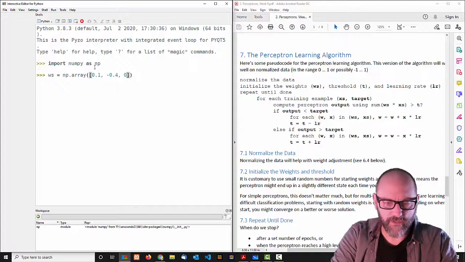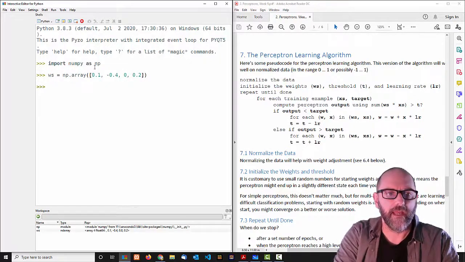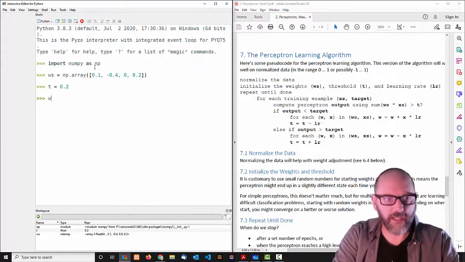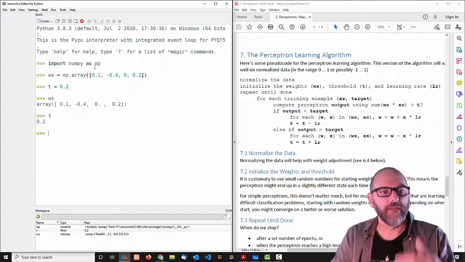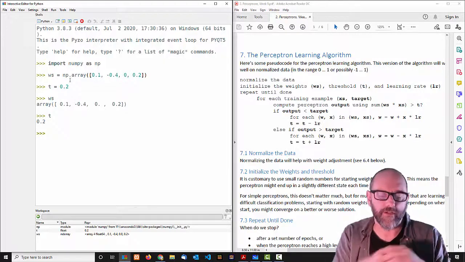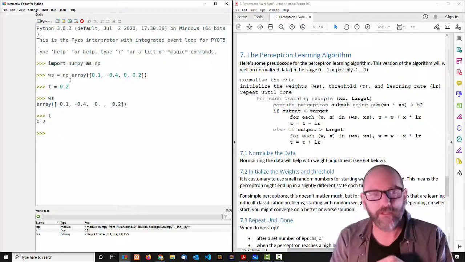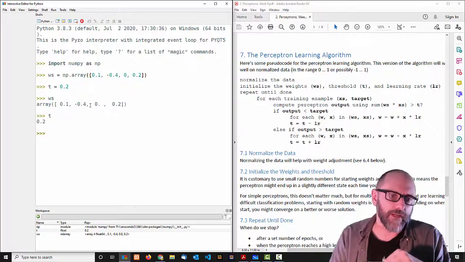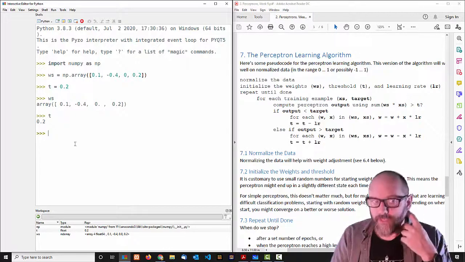You might start with just 4 random weights like this, and you have a threshold. Let's call it 0.2. So these things together, the weights and the threshold, define our perceptron. That's all we need to define a perceptron. Now, you can draw the picture and everything, but you don't really need to. So these are our 4 input weights for input 1, 2, 3, and 4.